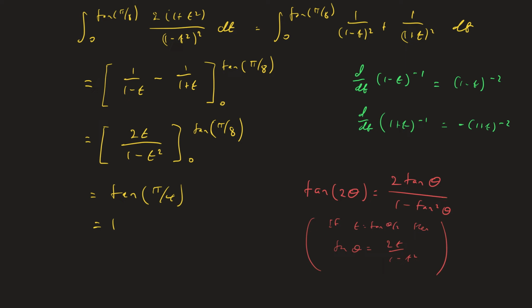So this, when t equals 0, is just 0, so evaluating this means it's 2 tan pi on 8 divided by 1 minus tan pi on 8 squared. And we recognize that as the right-hand side here, so this is just the same as tan of pi on 4, which we know equals 1. And this is indeed the same answer that we got before.